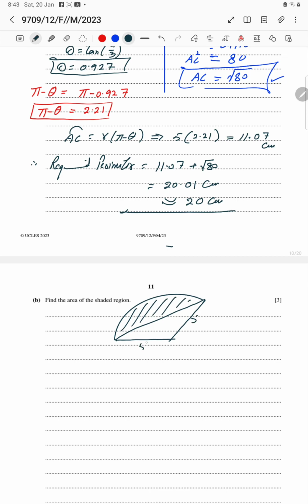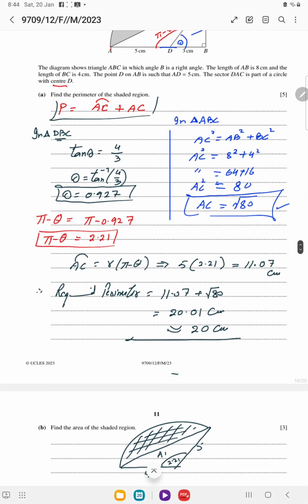This was 5, this was 5, and the angle, 2.21, we have already calculated. If we can find the area of this triangle and the area of the whole sector, then after subtracting them we can get the area of this shaded region.